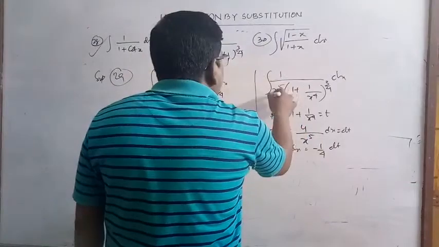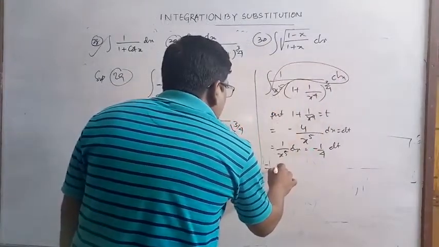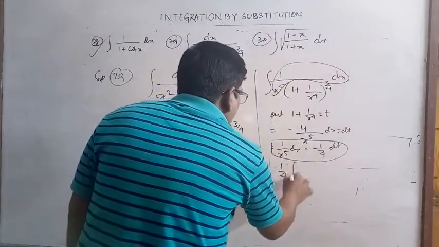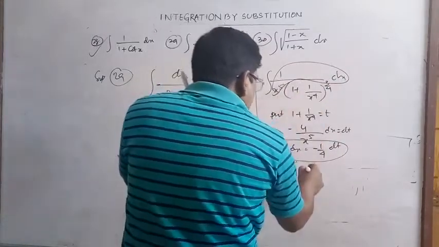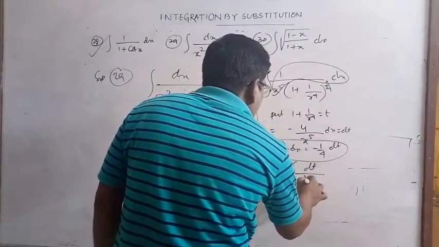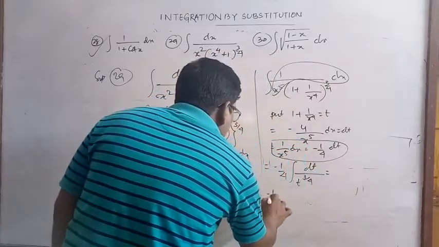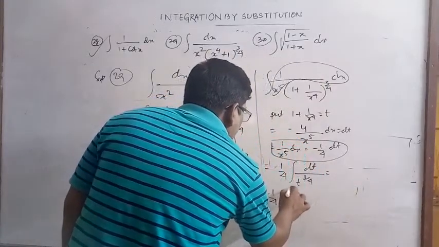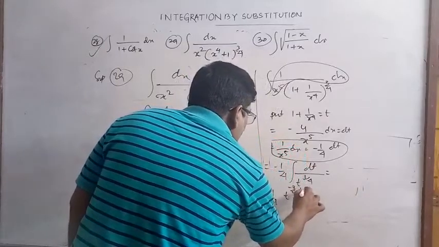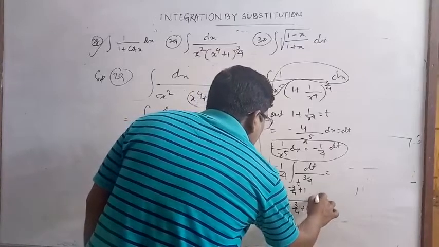So this term is minus 1 by 4 dt, and this is dt by t to the power 3 by 4. So this is equal to minus 1 by 4 times t to the power (minus 3 by 4 plus 1) divided by (minus 3 by 4 plus 1), plus c.